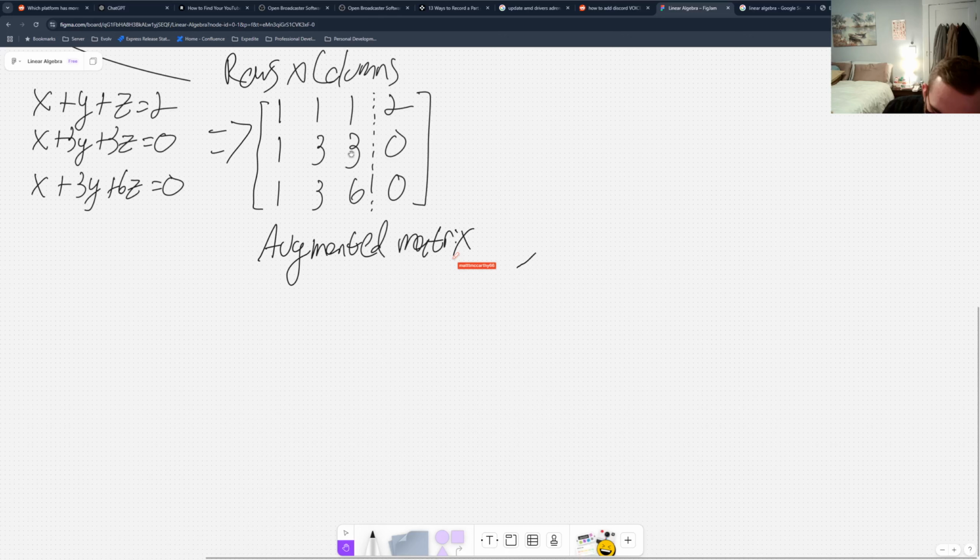Then we would call this a 3 by 4 matrix, because it has 3 rows: row 1, row 2, and row 3. And it has 4 columns: C1, 2, 3, and 4.